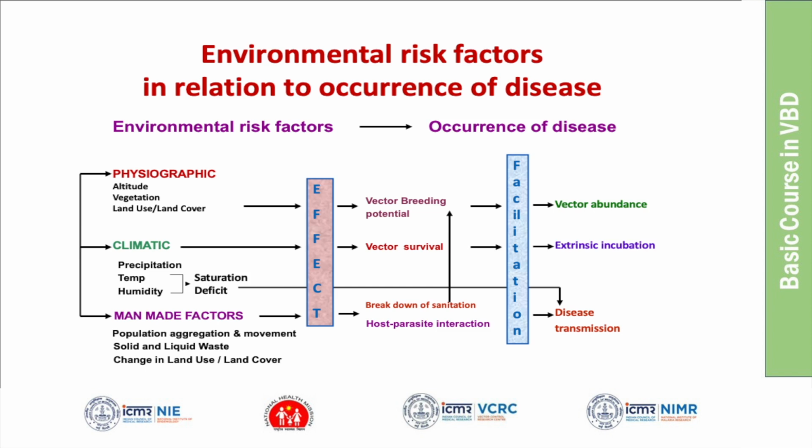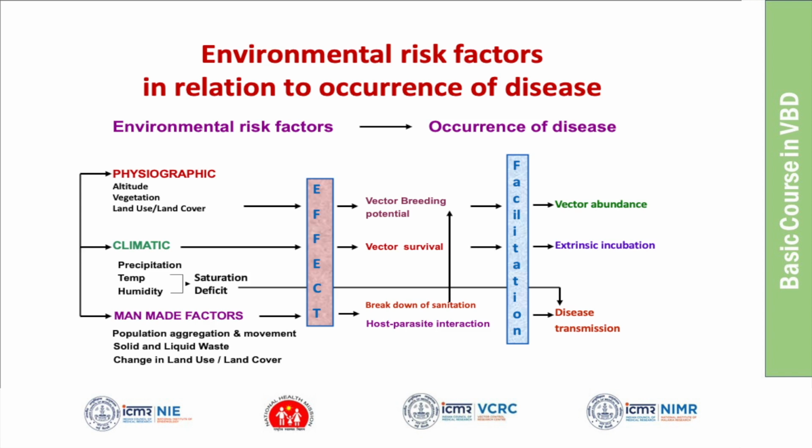So if you see all three, then you will understand how the vector breeding potential is responsible for vector abundance, and vector survival is responsible for the extrinsic incubation period. It is nothing but the growth and development of the filarial parasite inside the vector mosquito, that is called extrinsic incubation.